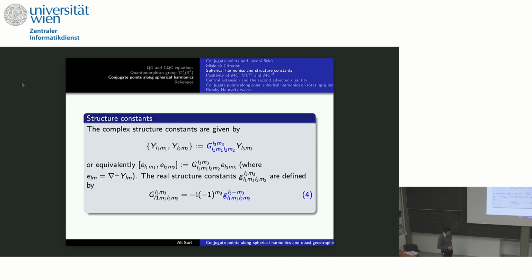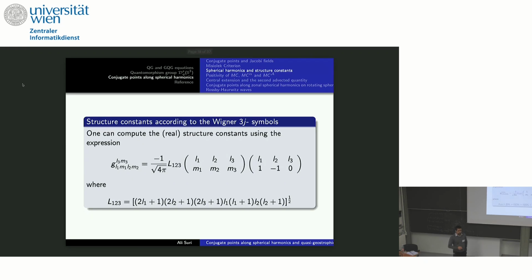Structure constants. For any two spherical harmonics, one can compute the Poisson bracket according to structure constants. They are complex numbers, which is the same for the corresponding Hamiltonian vector fields. And the real structure constants come from this term. They can be computed according to Wigner 3J symbols.